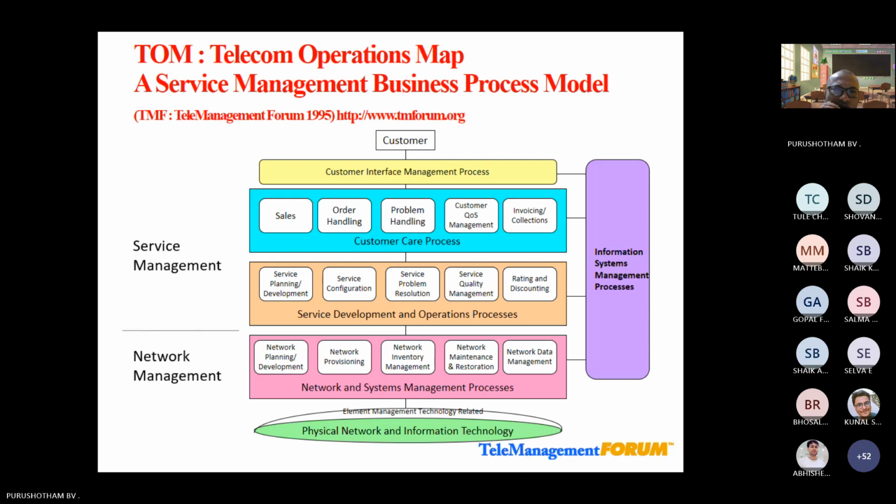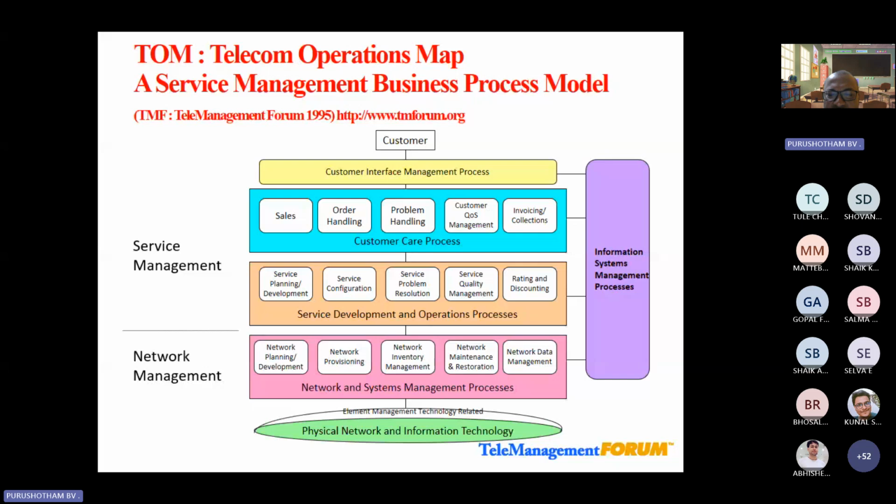This telecom operations map will try to map the service management with the network management, and below that is the physical infrastructure. So there is element management, or technology related to the physical network and information technology.